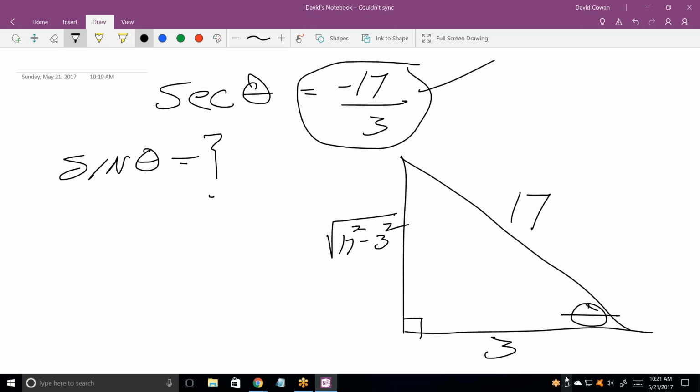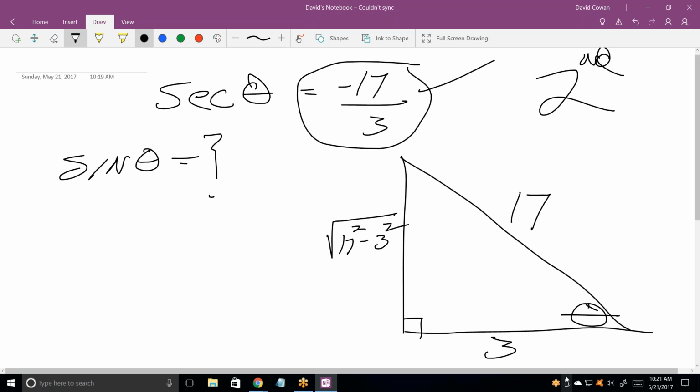But the one additional piece of information they need is the correct quadrant. Let's say it's in the second quadrant. I made that up because it could be in the second or the third. Secant is negative in both of those quadrants, so I'm saying it's in the second. Well, now if it's in the second, then the sine of theta is positive.